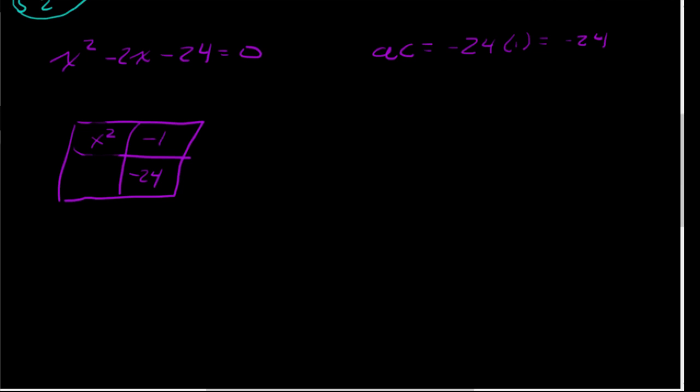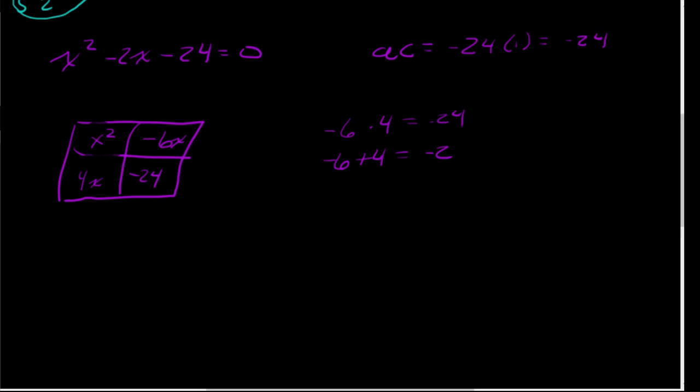I believe that negative 6 and 4 will work. Yes, because negative 6 times 4 is negative 24, and negative 6 plus 4 is negative 2. It checks out.